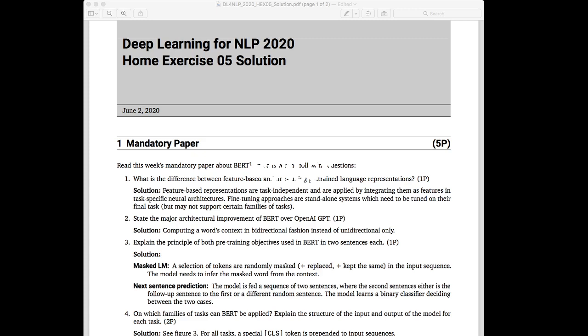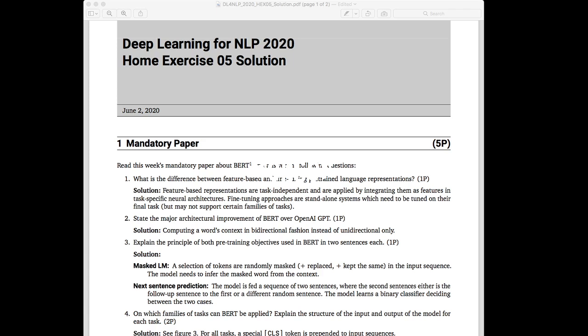The second question is about the improvement of BERT over GPT. GPT is a generative model, and the goal of GPT is to predict next tokens given previous ones. So GPT cannot use bidirectional context.